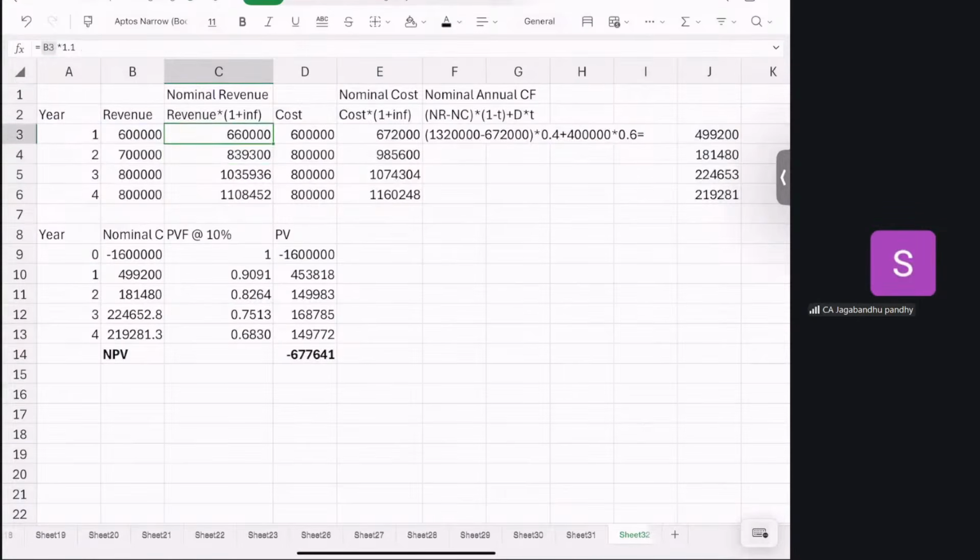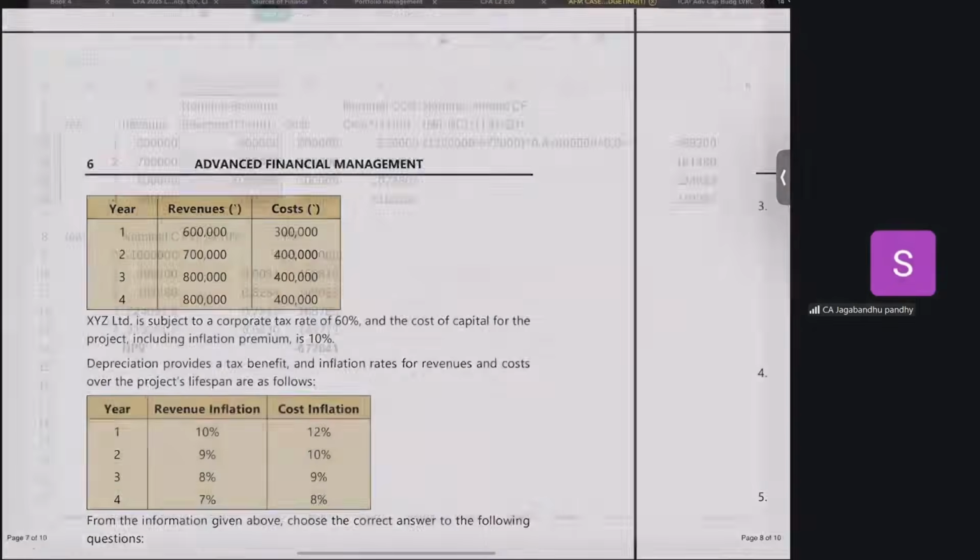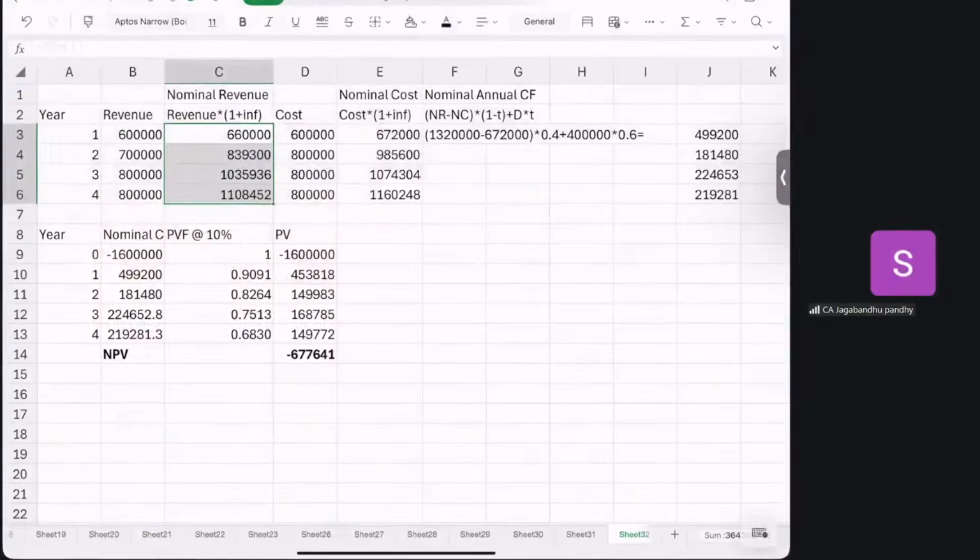Are you getting these nominal revenues? Just verify the nominal revenue numbers. Yes, sir. Cost is 3 lakhs.